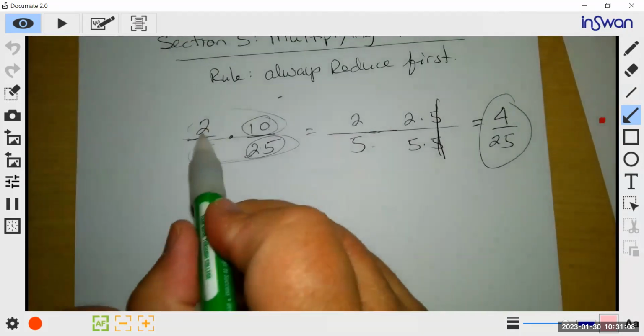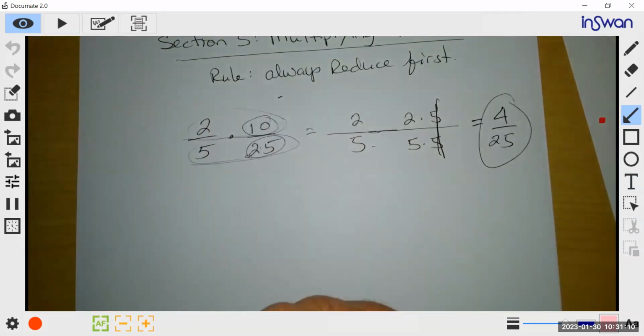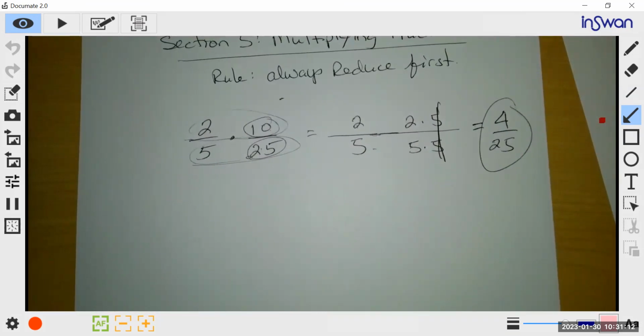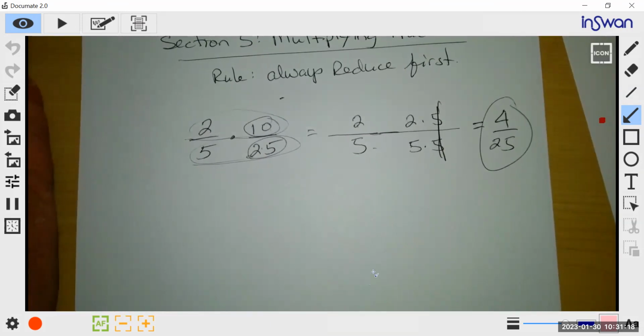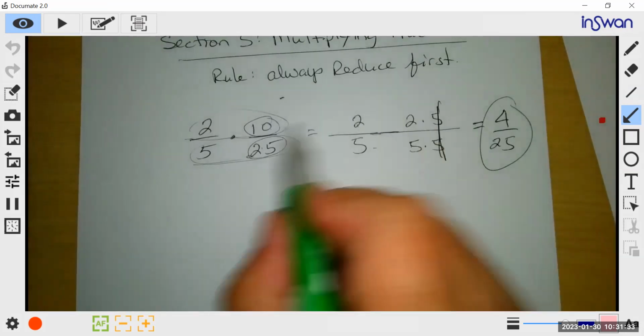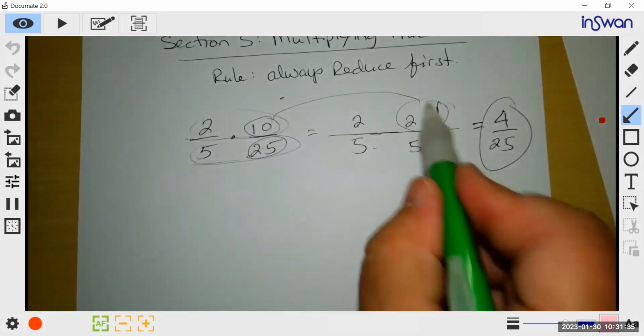Cancel everything on top and bottom, anything that fits in each other first, cancel that first. And then whatever you're left with, multiply them out. That breaks down to that.